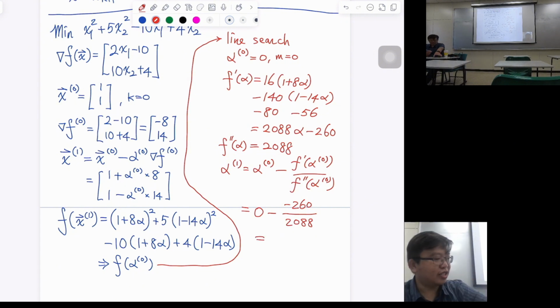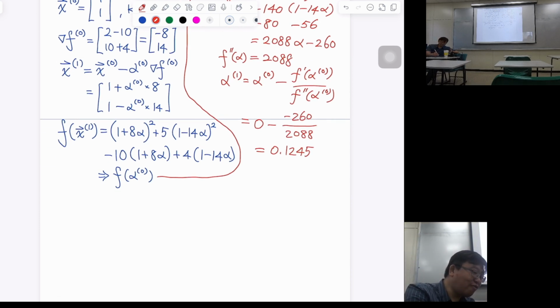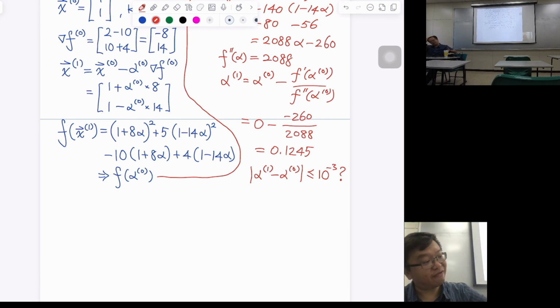So at the end, 260 over 2088, 0.1245. Okay. So you're supposed to repeat again. So the convergence check is like this. Is alpha 1 minus alpha 0 smaller than 10 to the power of negative 3? If I treat 10 to the power of negative 3 as a small value, the answer is no, not yet, right? So not converged.